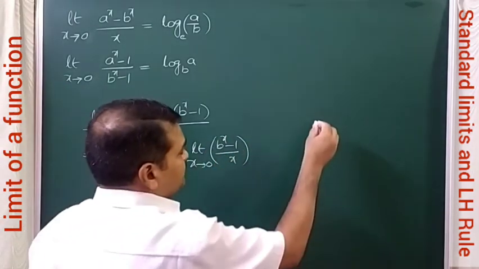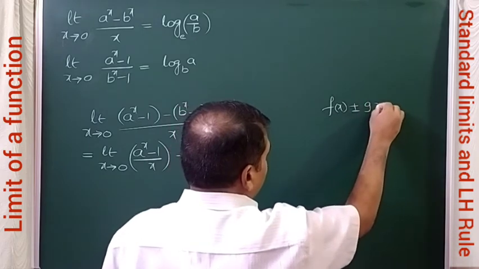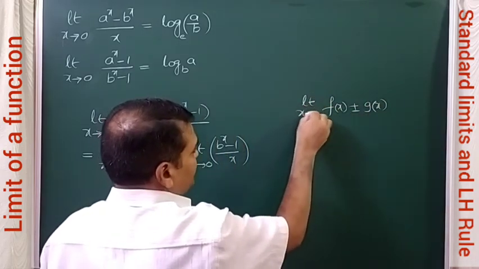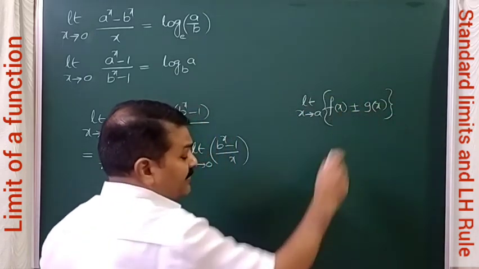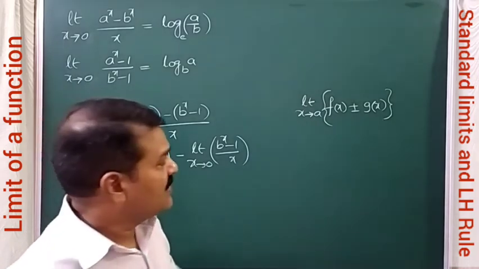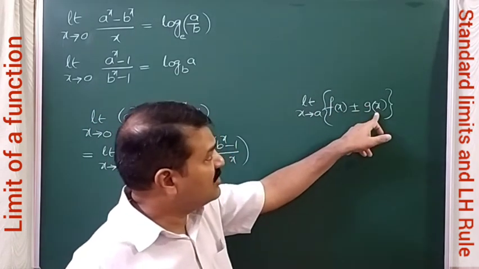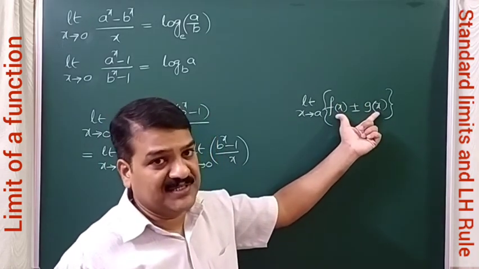So we know that whenever we have f of x plus or minus g of x, that is algebraic sum of two functions, you can separate the limit for both the functions. Limit can be applied separately for f of x and separately for g of x, provided these two are finite limits.